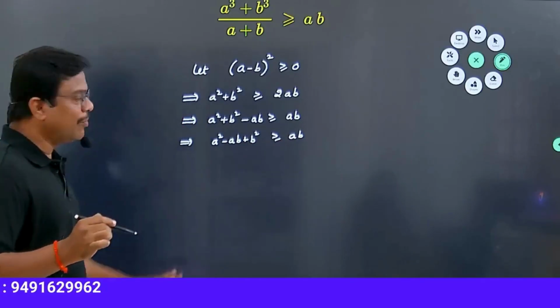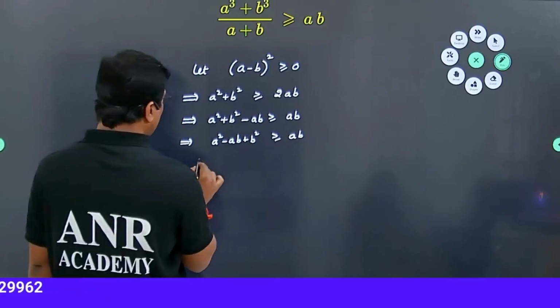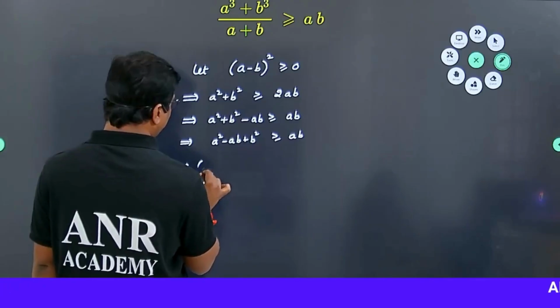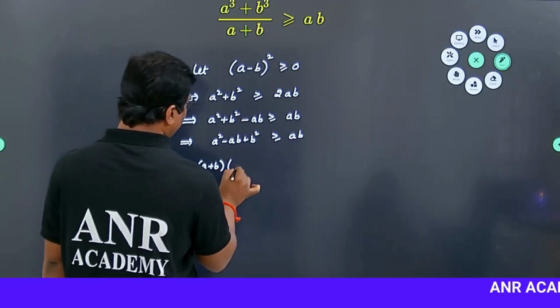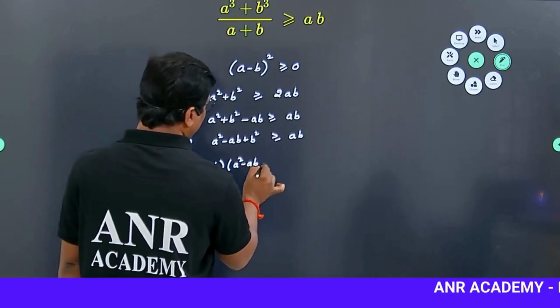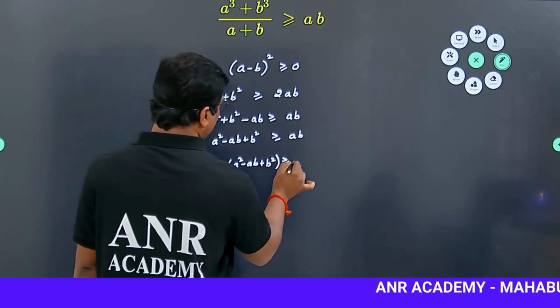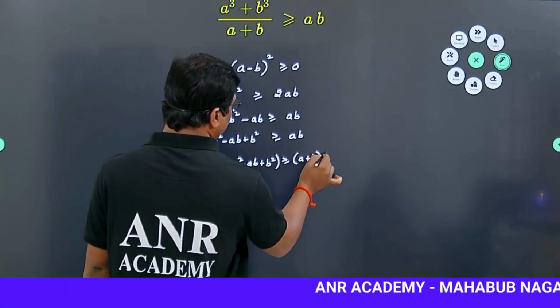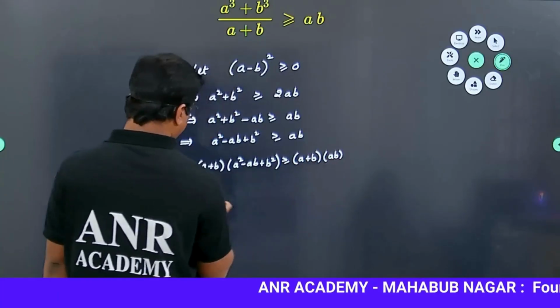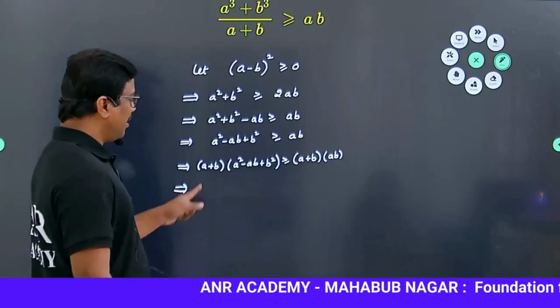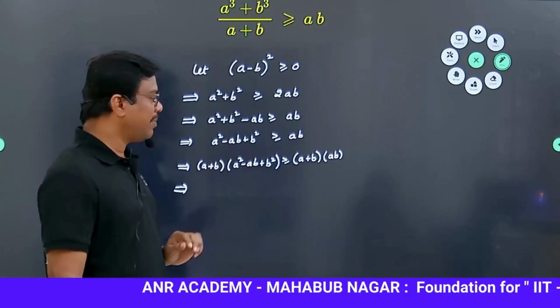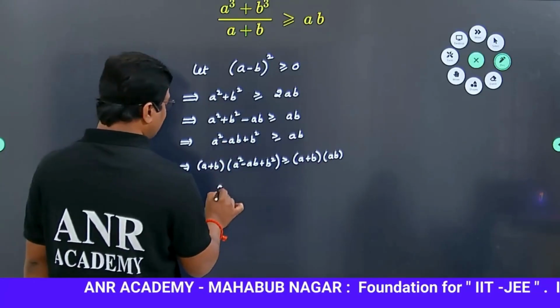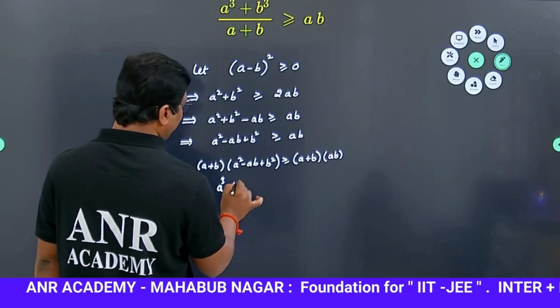Both the sides, if you multiply with a plus b, what happens? Observe. (a + b) multiplied by (a² − ab + b²), and here it is (a + b) multiplied by ab. Clearly, (a + b)(a² − ab + b²) is written as a³ plus b³.